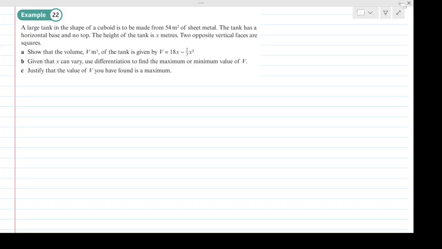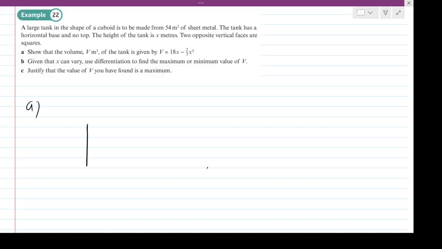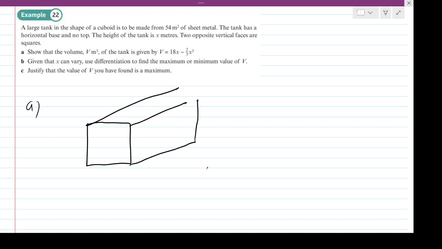Right. A lot of stuff going on here. It's probably good to have some sort of sketch to visualise what's going on. So it's a cuboid, so it's going to look like this, if I can draw it somewhat decently. There we are.